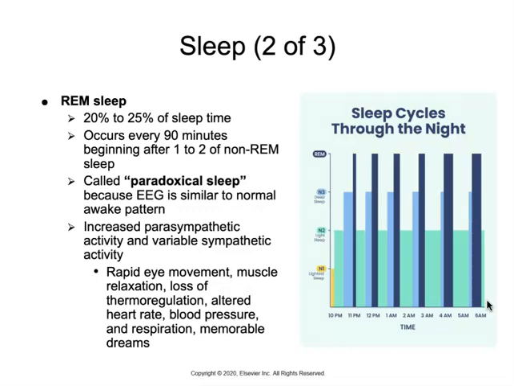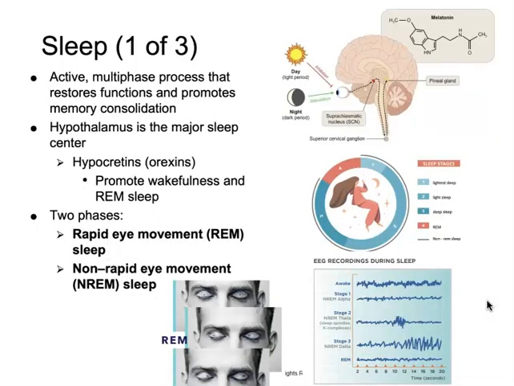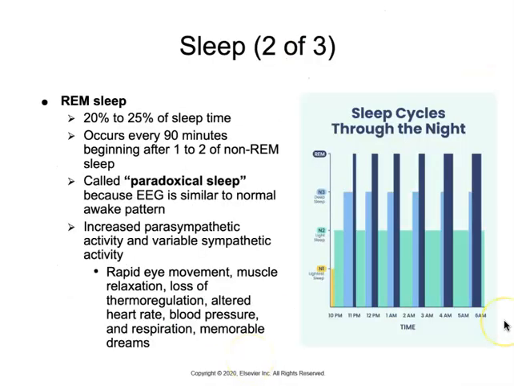So during REM sleep, there's going to be increased parasympathetic activity with variable sympathetic responses also taking place, and that leads to the rapid eye movements that we saw in this previous slide over here. We also have muscle relaxation and the loss of thermoregulation. Our heart rate, blood pressure, and respiration can also fluctuate, and we can have memorable dreams at times.